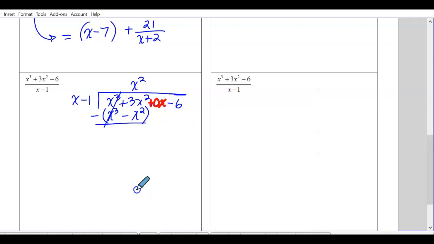Okay, so you don't even put 0, just leave it. 3x squared minus negative x squared is like adding x squared, so that's going to be 4x squared. And then you bring down the 0x, that placeholder.